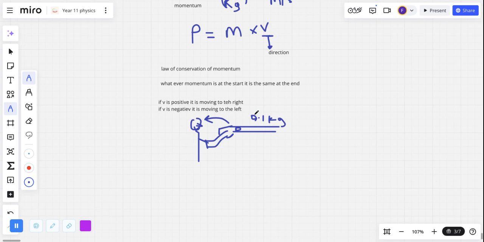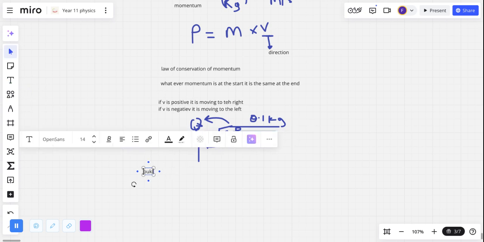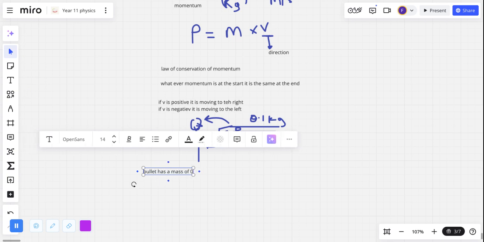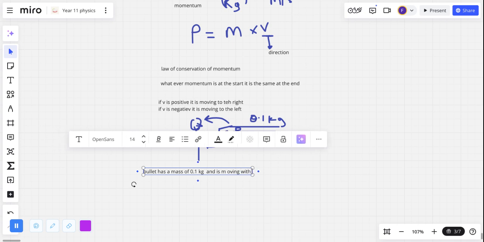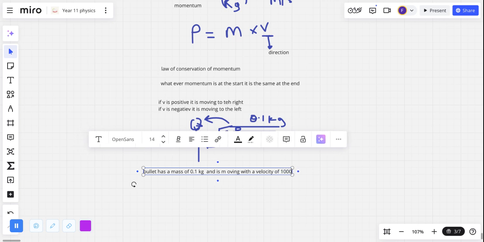And it is moving with a velocity of 1,000 meters per second.